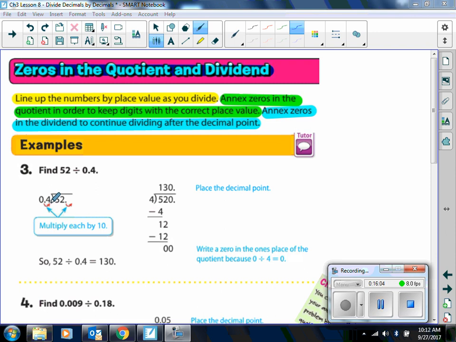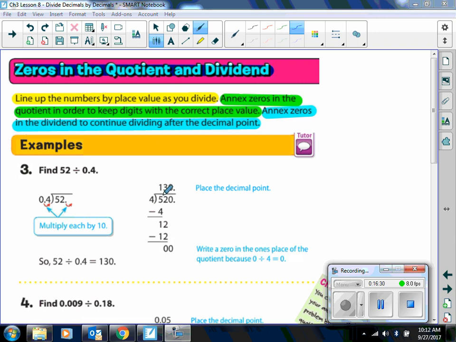So that means I have to move the decimal once to the right in the dividend. So what do you think I'm going to do right here? You're going to annex a 0. Very good. So you're going to annex the 0, and then the decimal goes straight up there. Is everybody with me? So then, once you do that, then you just divide like normal.